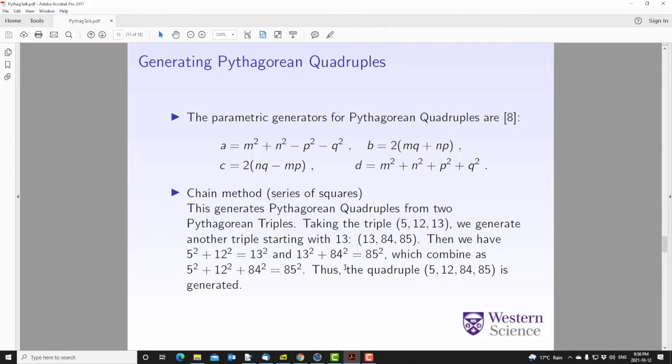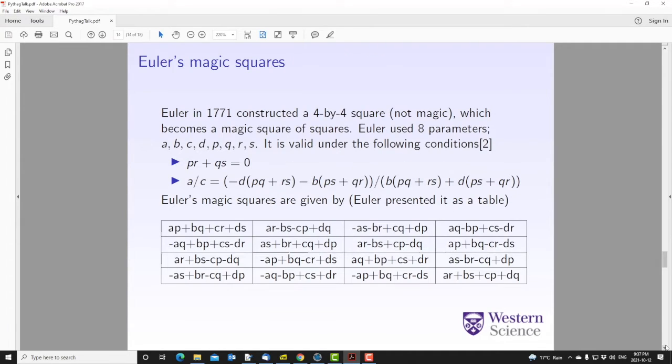So now we join those two together and we end up with 5 squared plus 12 squared makes 13 squared, which now takes the place of the 13 squared in 13 squared plus 84 squared. And so we end up with the quadruple 5, 12, 84, 85.